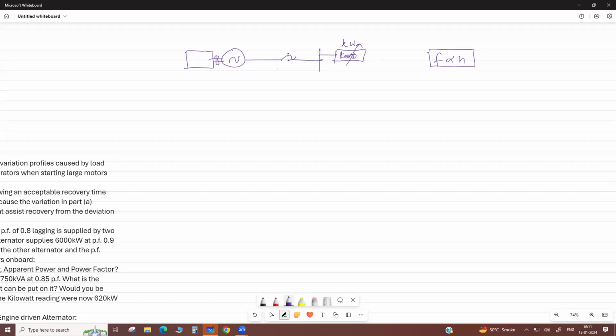So now if we plot the curve between frequency versus load, or speed, because speed means frequency, we take the variation in frequency. Here we take the load on the alternator in kilowatt.